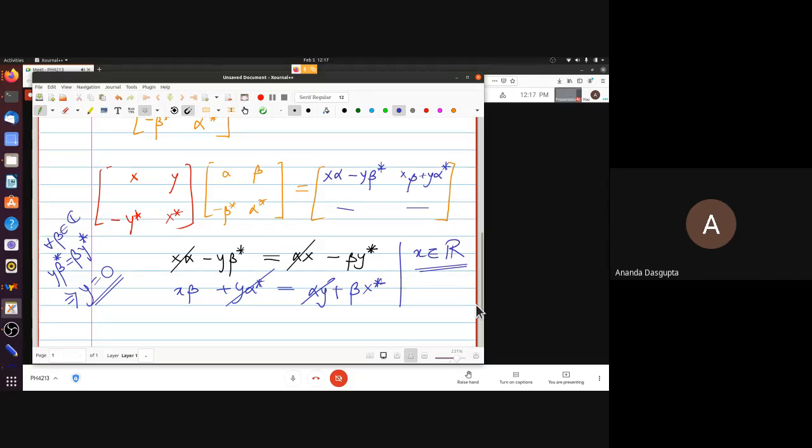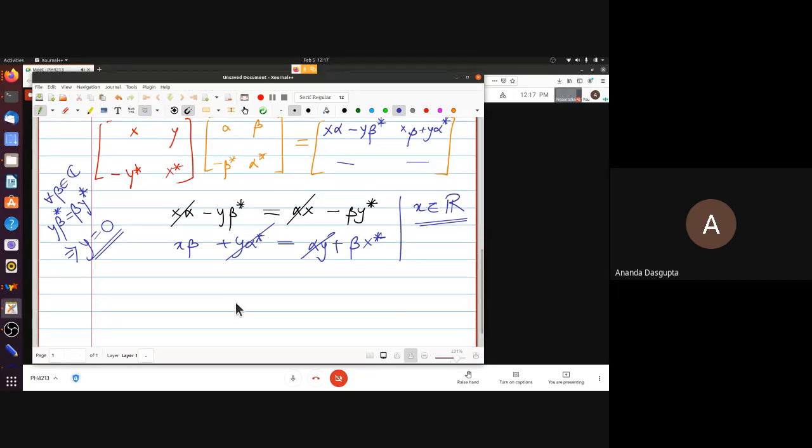That's all. But now what you know is this matrix that you are talking about, the matrix which commutes with all SU2 matrices, has to be some real number x here, 0 here, minus 0 star here, and x star here, which of course is x.